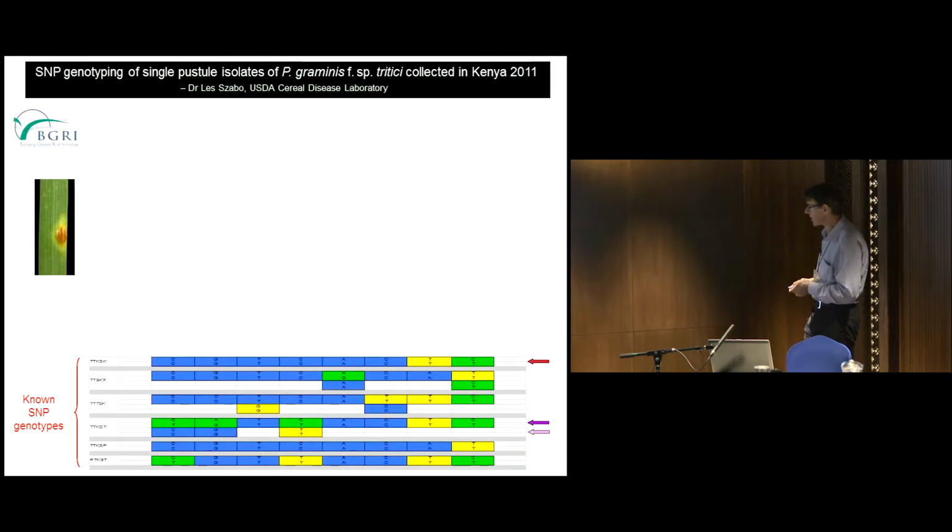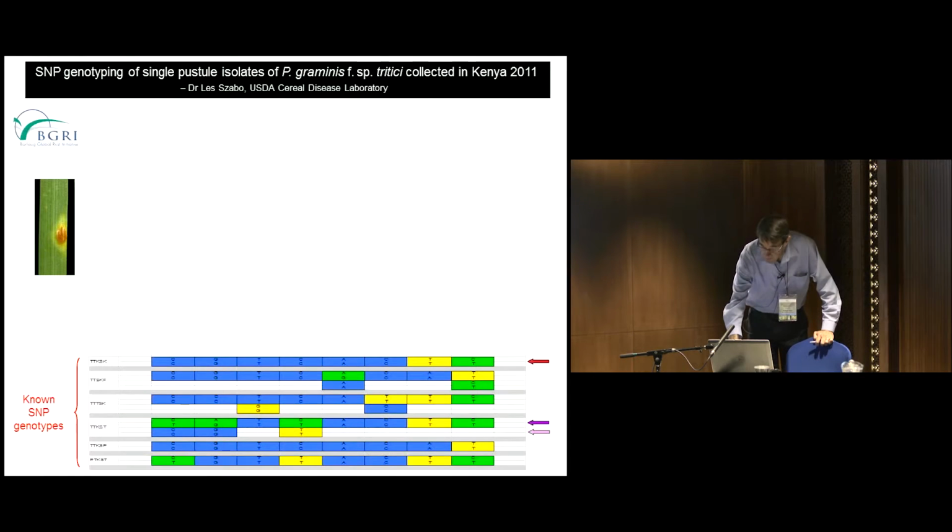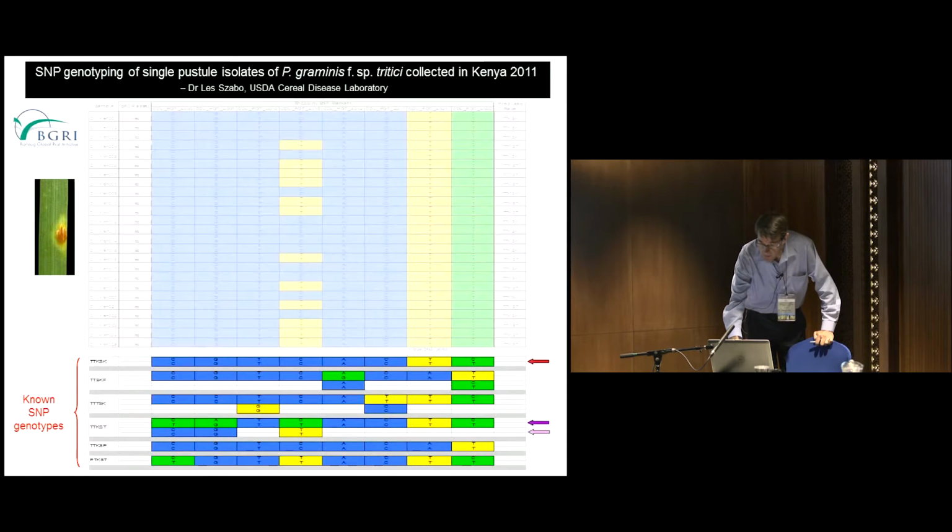The one down here, where I have the 2 arrows, is actually TKST, and he's found 2 genotypes within that pathotype. So here's an example where we have one pathotype but 2 different genotypes. That makes it a little more difficult to actually predict the pathotype.